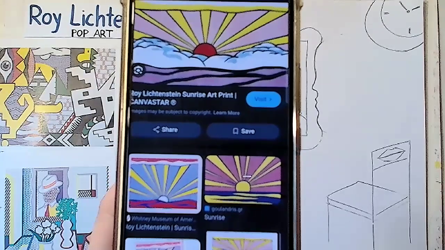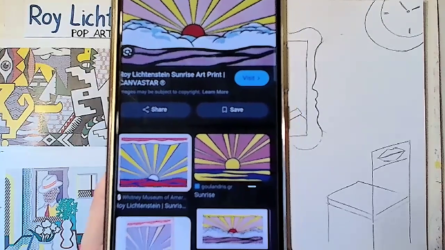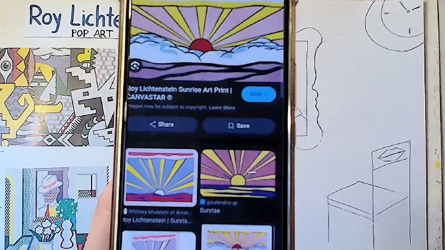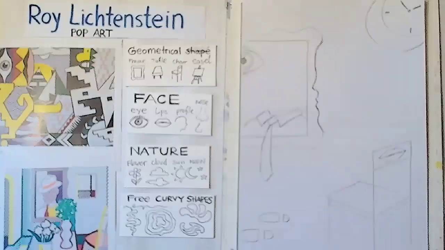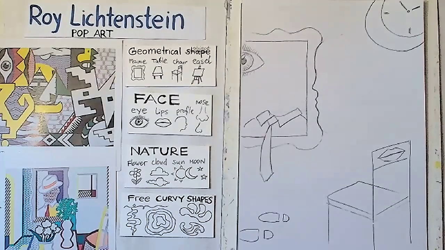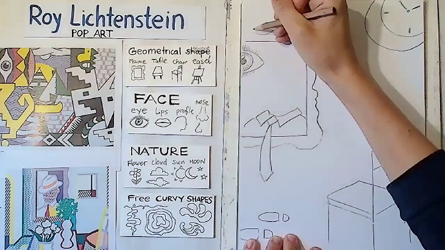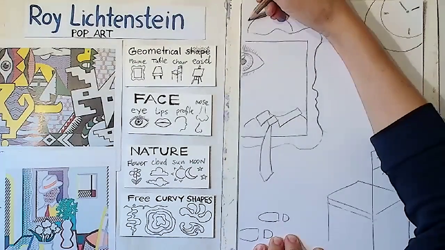He did the sun with these kind of long stars, so it also belongs to Roy Lichtenstein kind of artworks. So maybe those stars can be somewhere. Maybe there is a part of the sun that is kind of like that.